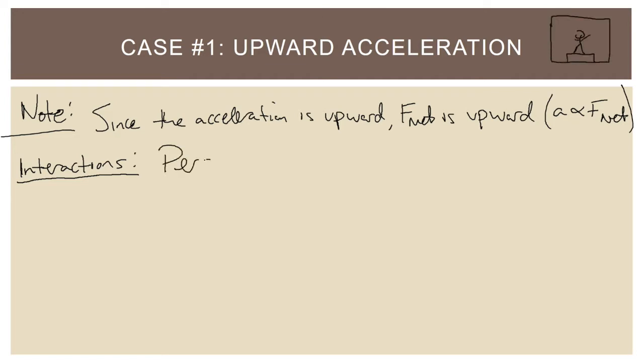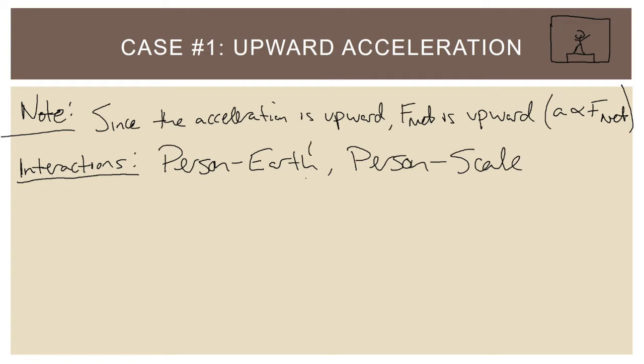Well, obviously we have the person-earth interaction, and because the person is standing on the scale, we have the person-scale interaction. And so we should ask the question, how many forces should be drawn in our free body diagram? And I hope everybody realizes that it's 2, because there are 2 interactions happening here with this person.